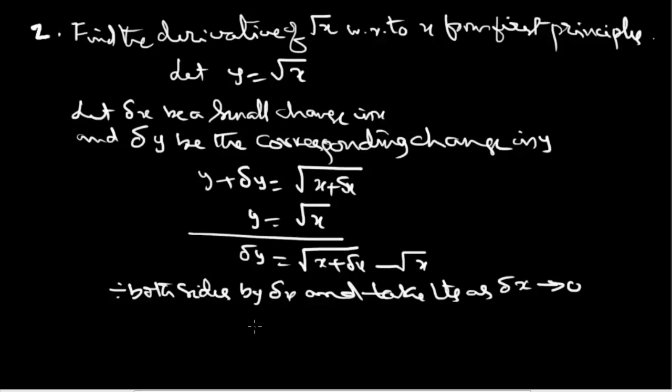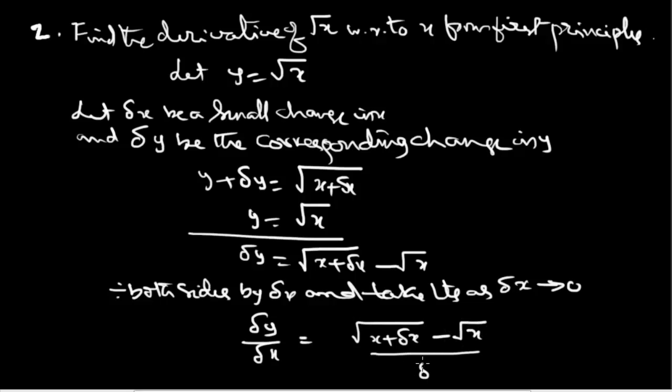First of all, divide: delta y by delta x is equal to root of x plus delta x minus root x, whole divided by delta x. Then write the limit as delta x tending to 0 on both sides.